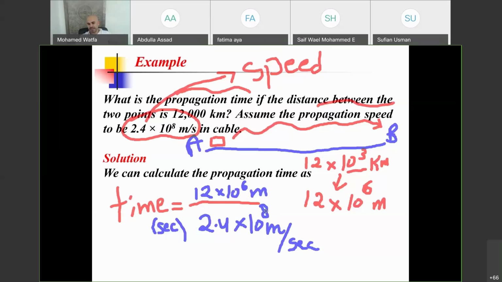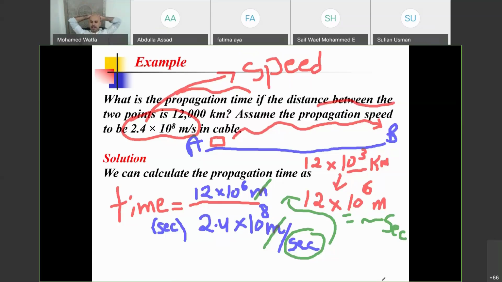What will cancel? Meter will cancel meter, right? And second, that was down. What will happen to it? It was down. So it was in my denominator, double denominator. It will go all the way up. So my final answer is in seconds. So it's going to be something in seconds.